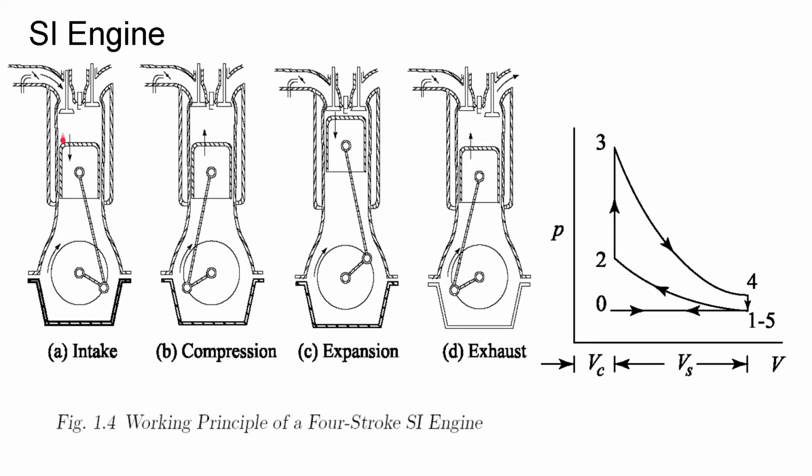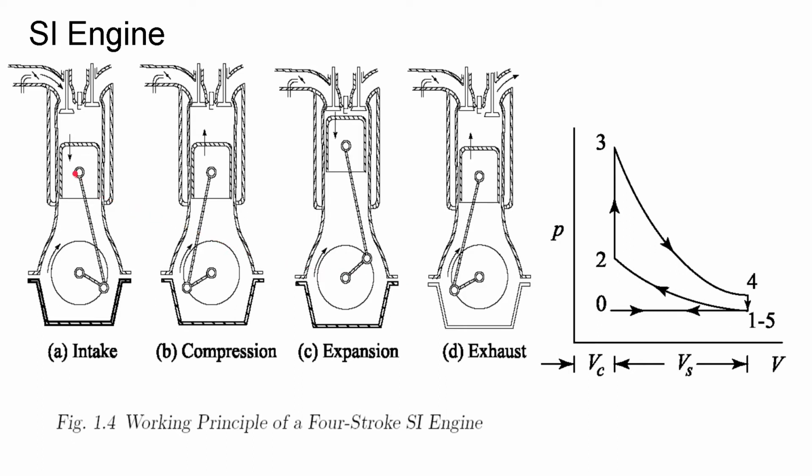The mixture comes in. With the PV diagram, it starts from here. The intake valve is open, so the pressure is the atmospheric pressure, 1 bar or 1 atm, and it goes as the mixture comes in. The piston is coming down alongside, so it is the process 0 to 1.